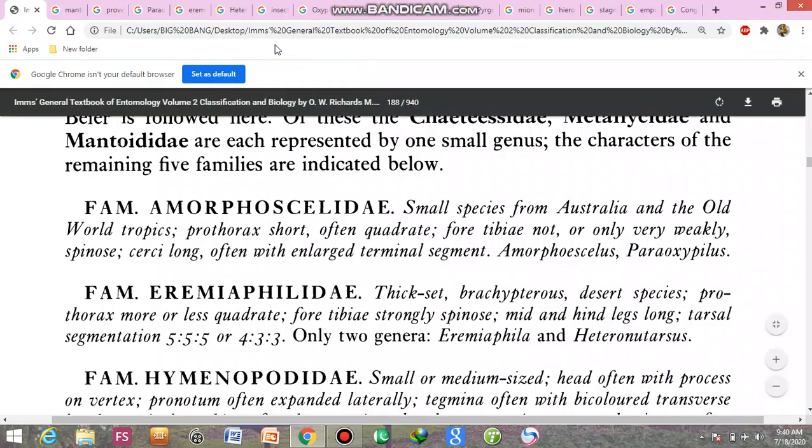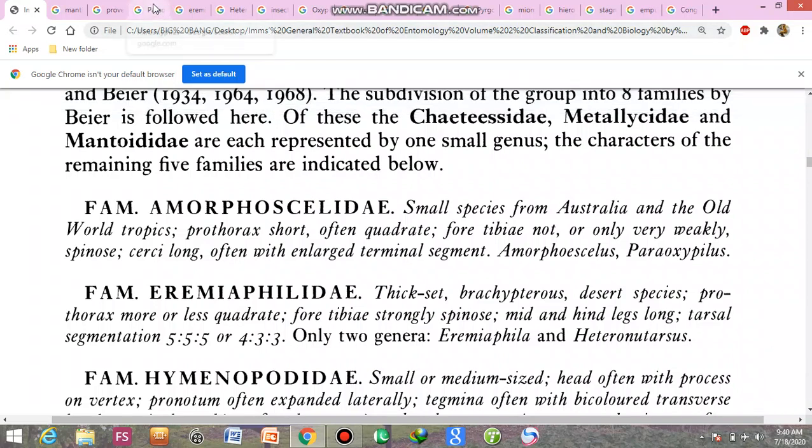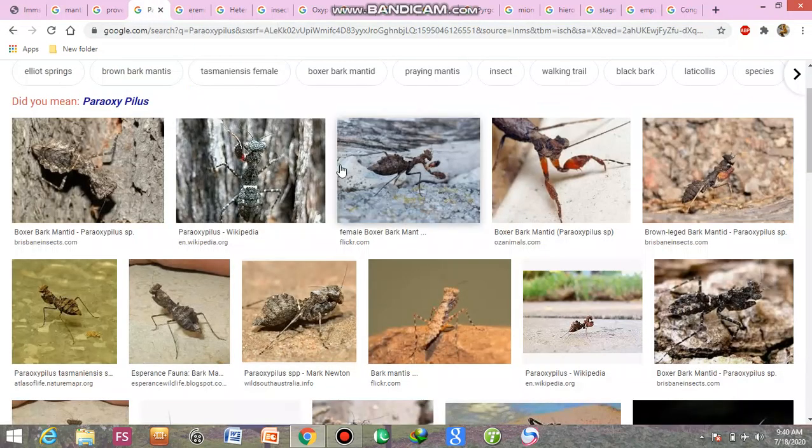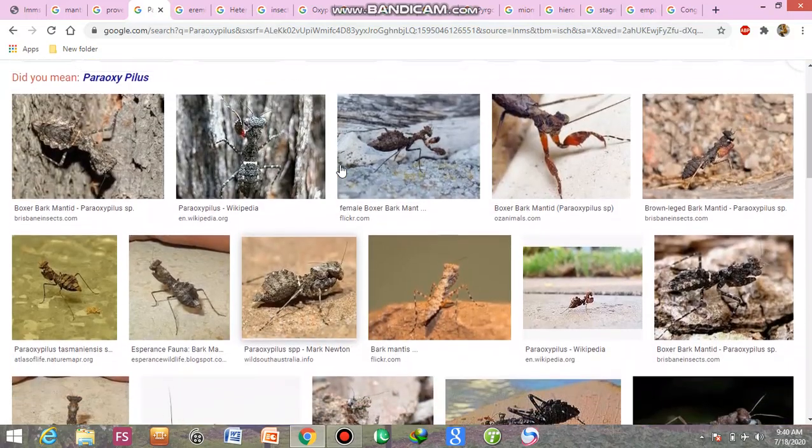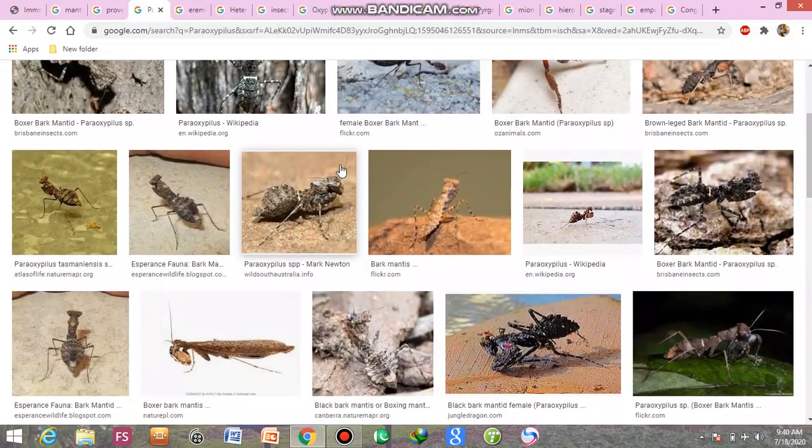Amorphoscelis, Paraoxypilus. These are the diagrams of the Paraoxypilus mantis. They are mostly brown or blackish in color.